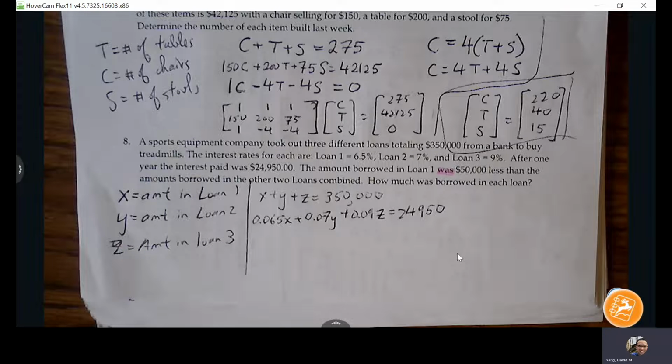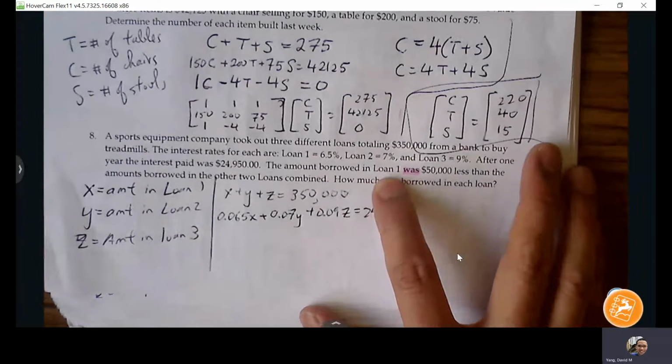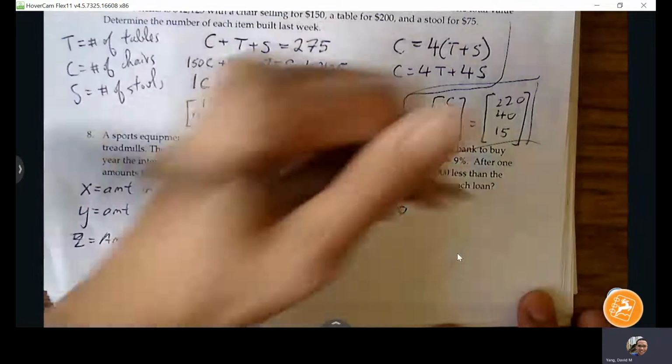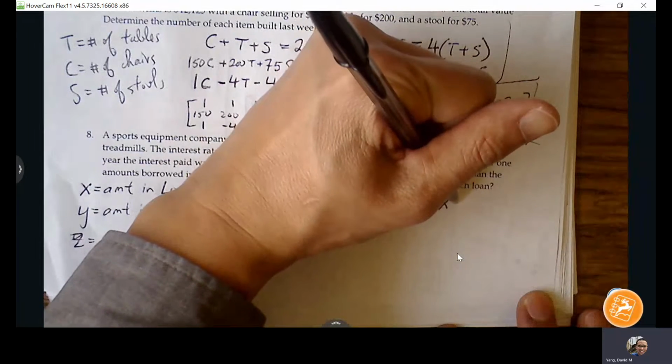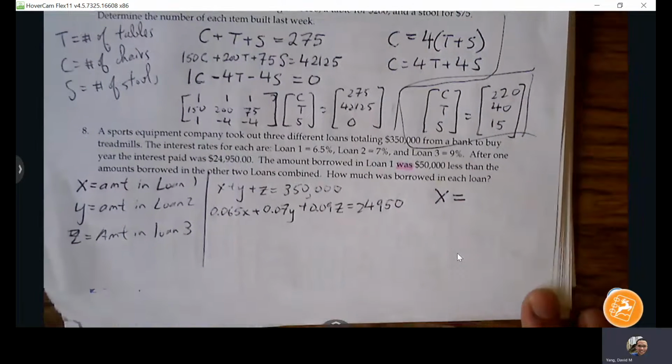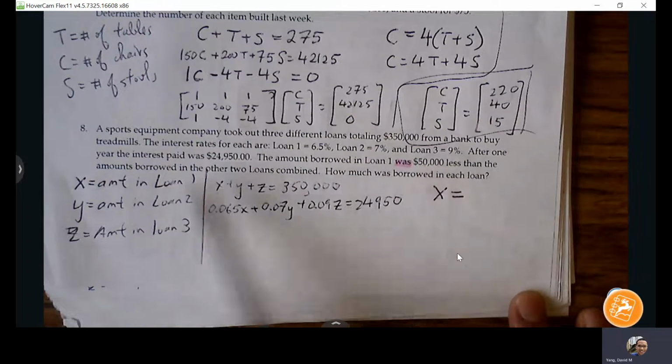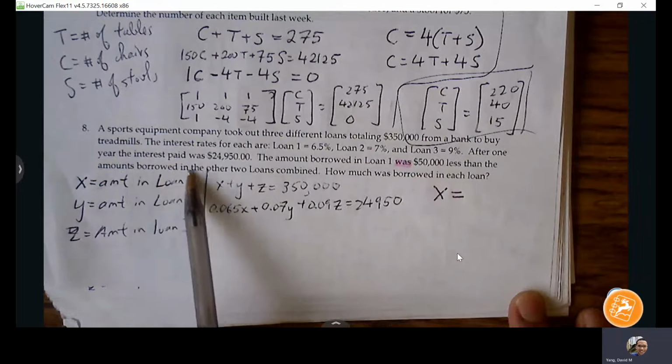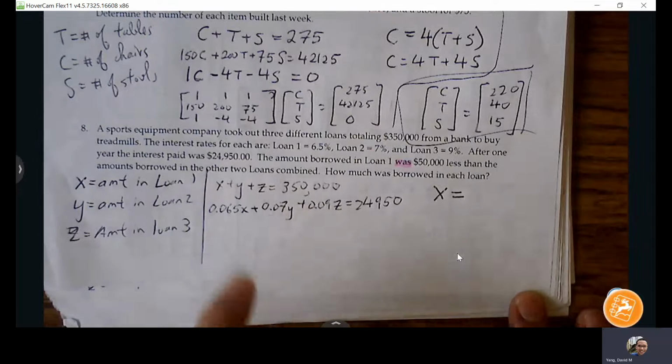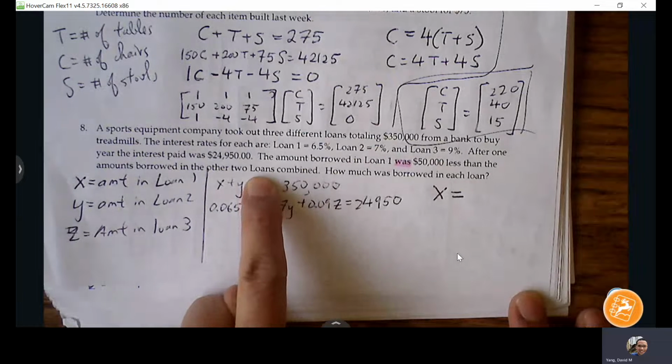Okay, so it says the amount borrowed in loan 1, so we can just set that to be X. "Was" is just equivalent to an equal sign. $50,000 less than the amounts borrowed in the other 2 loans combined. So how do I represent 2 loans combined?